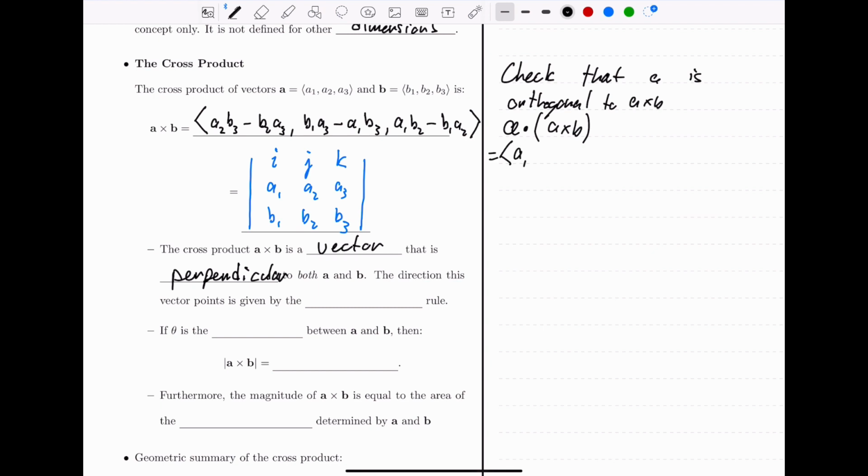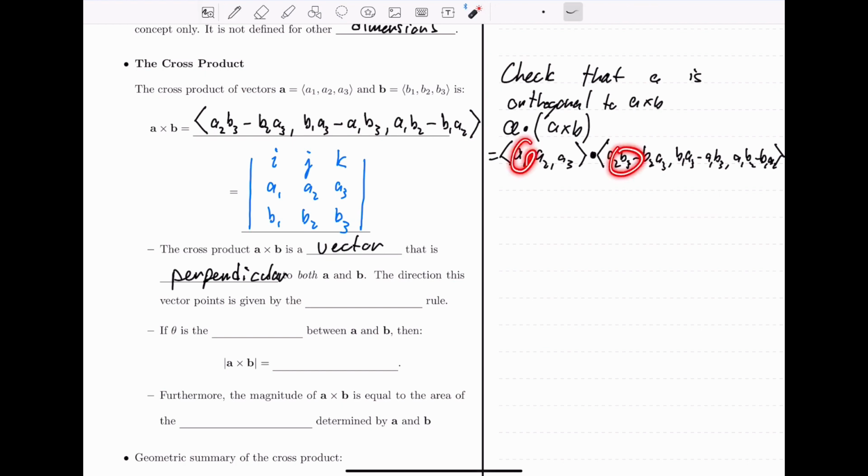A is the vector a1, a2, a3. And A cross B is exactly what we just wrote down. So we are dotting A with a2 b3 minus b2 a3, comma, b1 a3 minus a1 b3, comma, a1 b2 minus b1 a2.